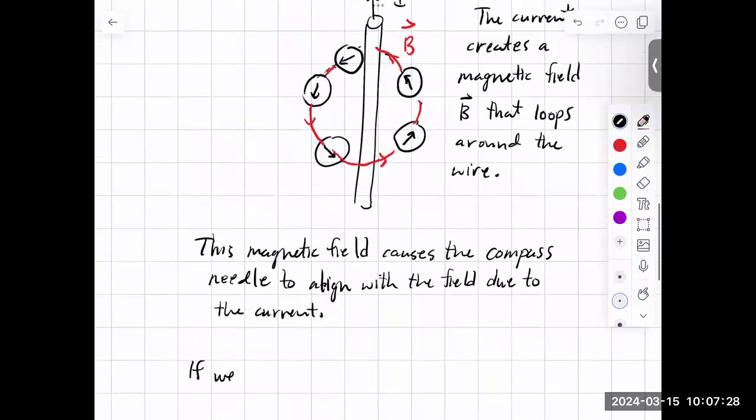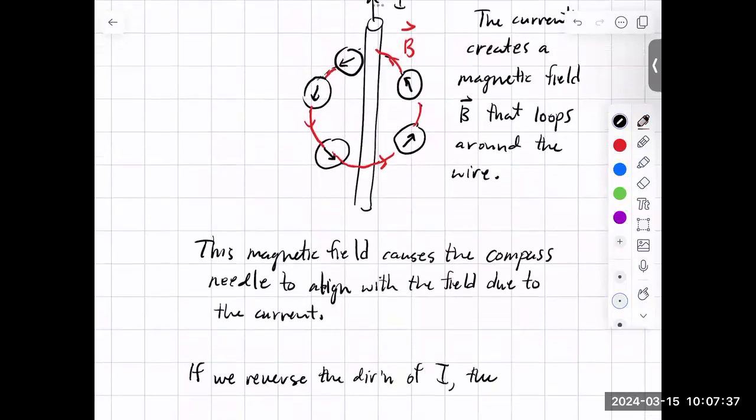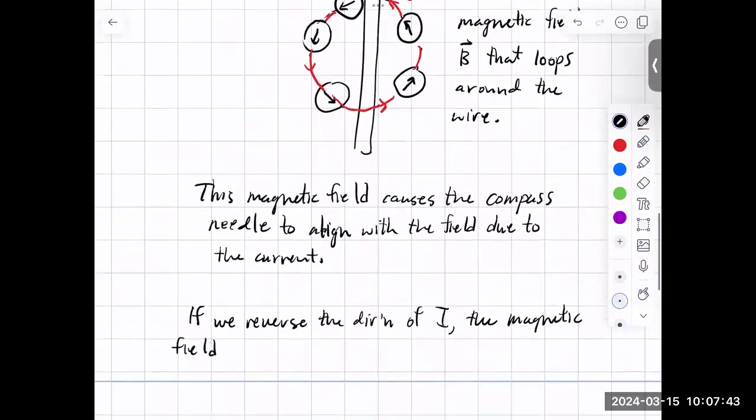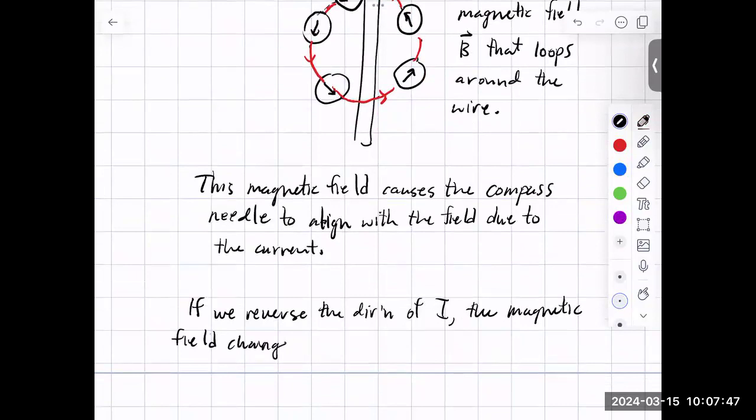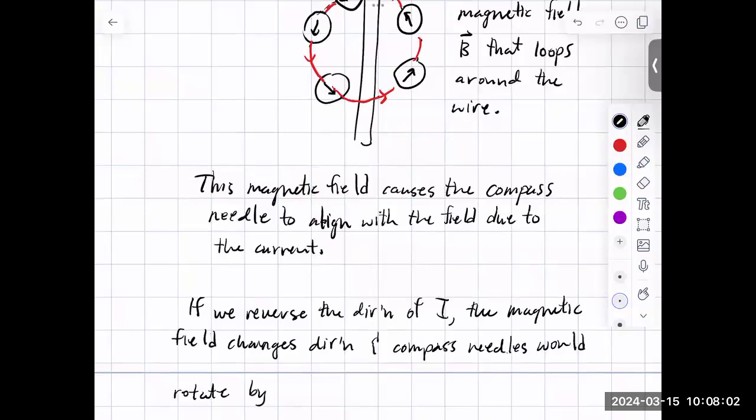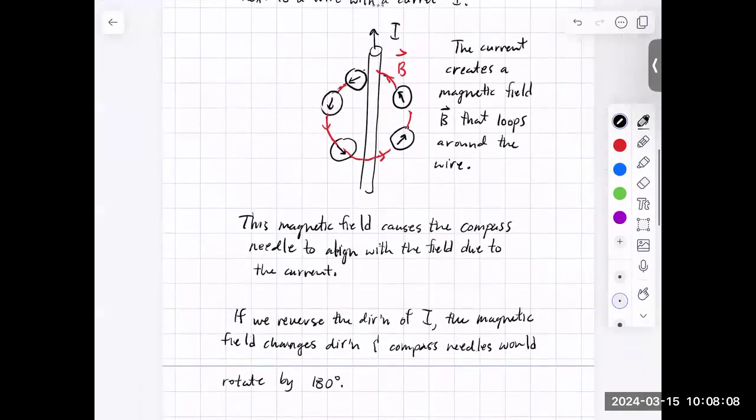If we reverse the direction of the current, the magnetic field changes direction, and the compass needles would rotate by 180 degrees.